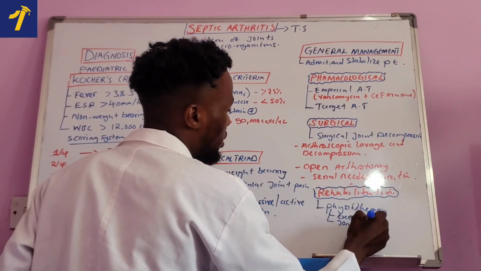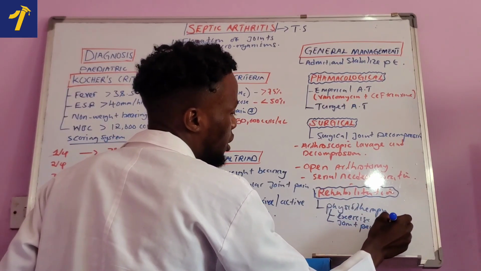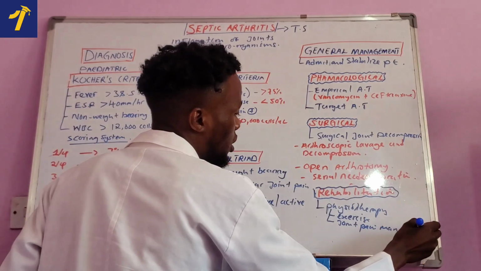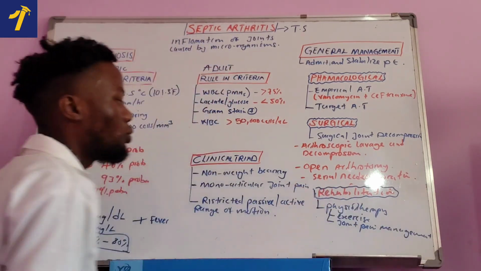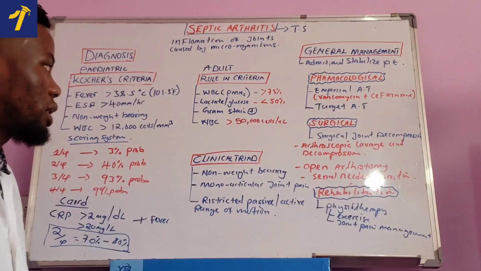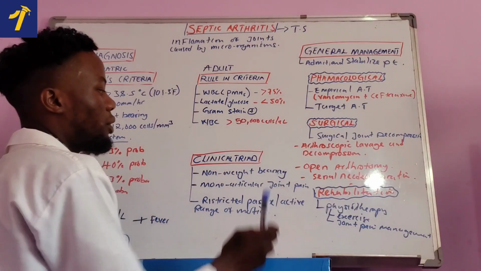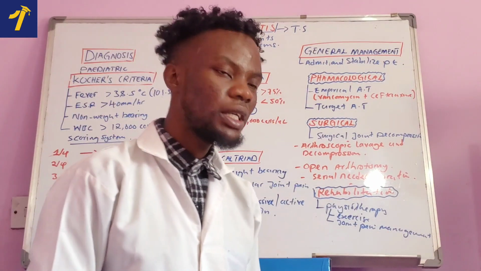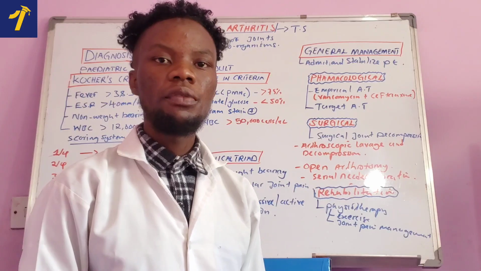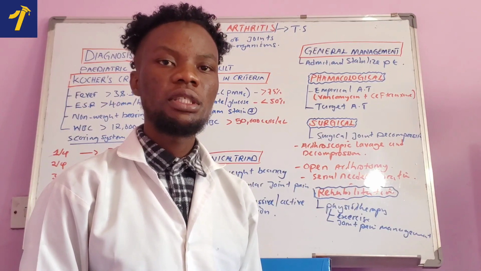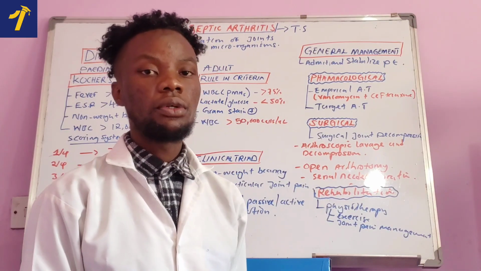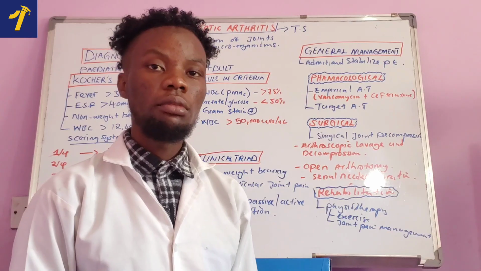Joint pain management. These are the things that you can do in rehabilitation. And sometimes you can also do counseling. If they have severe joint stiffness which you can't manage, you can offer them counseling.